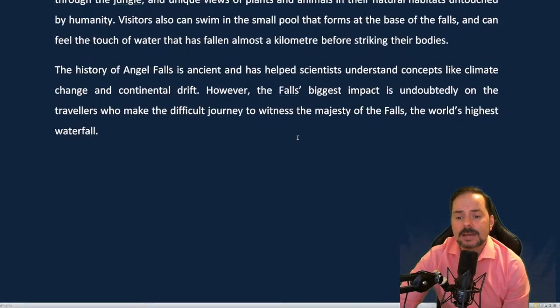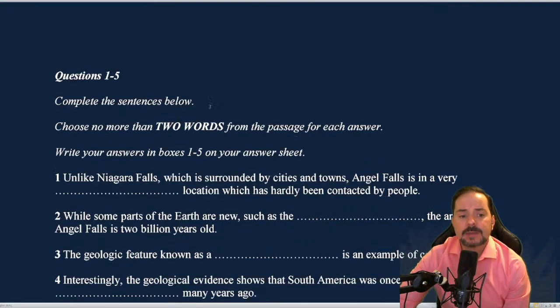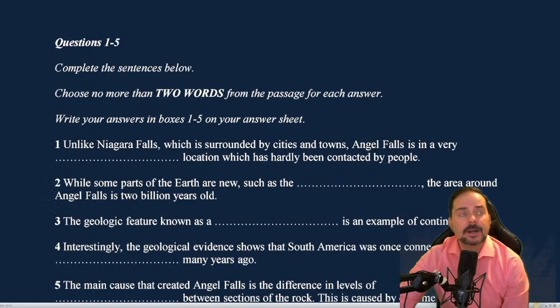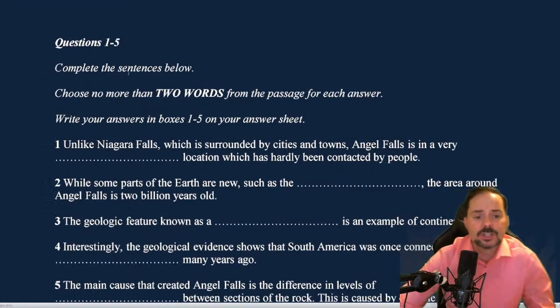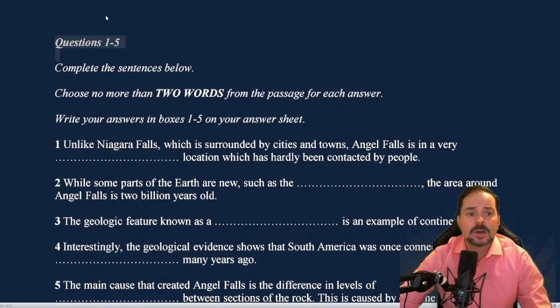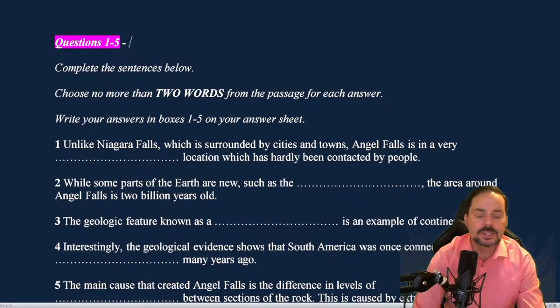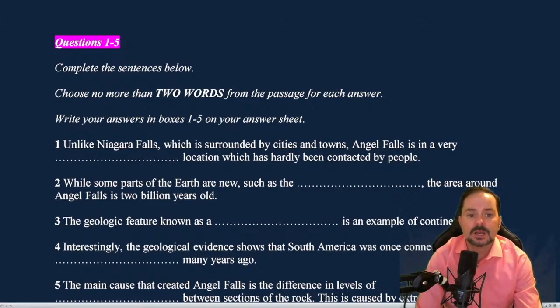Okay, so here's the whole passage, and then every IELTS passage is followed by 13 to 14 questions. So here, everyone, we have questions 1 to 5. So questions 1 to 5, complete the sentences below. Okay, so this is a good one to read because this is all in the passage.